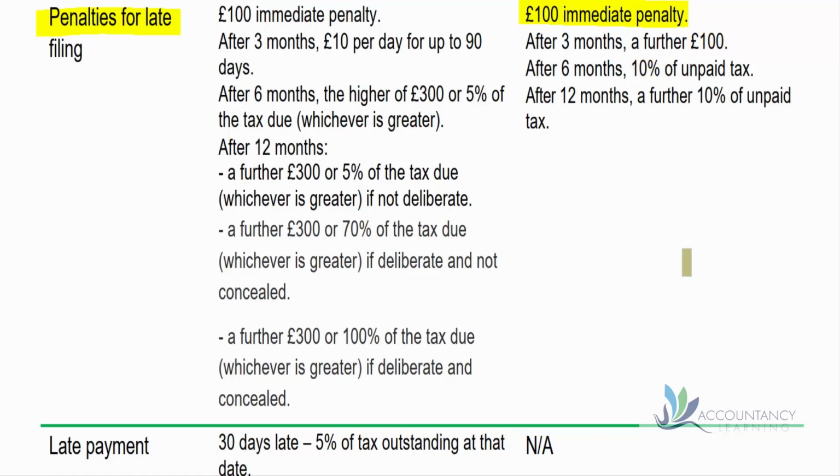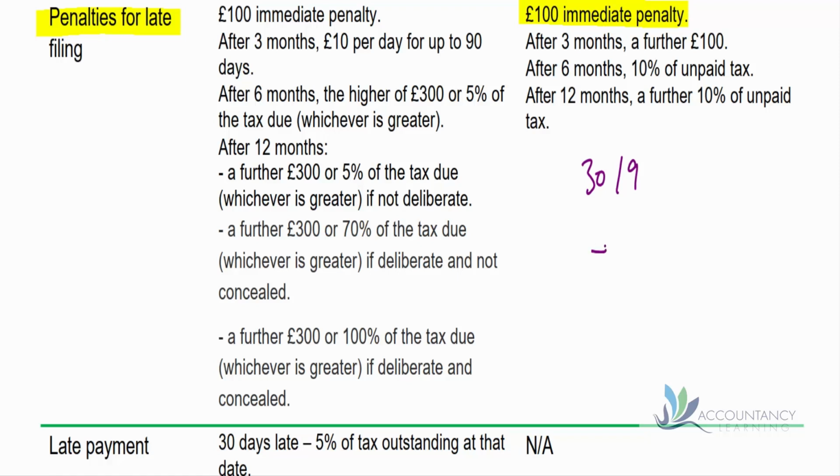So remember, the question told us that they've got a 30 September year end, and then they file not by the 30th September of the following year, but after that. So you just count out the number of months. So we have October, November, December, January, February, March, April.